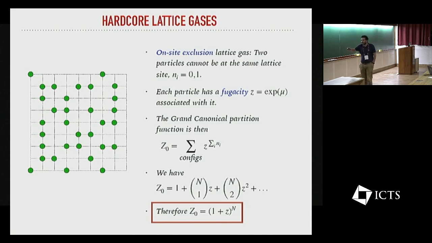Then you can add 1 particle, which has the weight factor z, and that can be in any of n choose 1 places, where n is the total number of sites in the system. Similarly for 2 particles, n choose 2, and you can easily figure out that this is just a binomial series. And so the partition function for such a model is just (1 plus z) to the power n, no singularities, an analytic function.